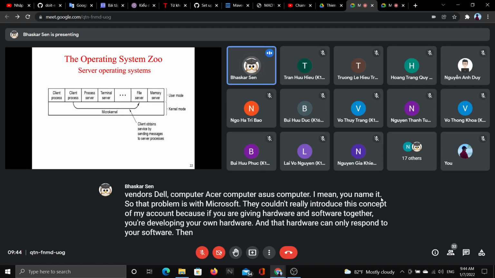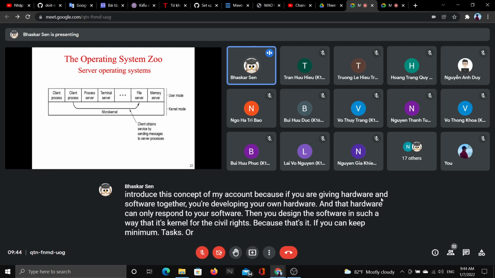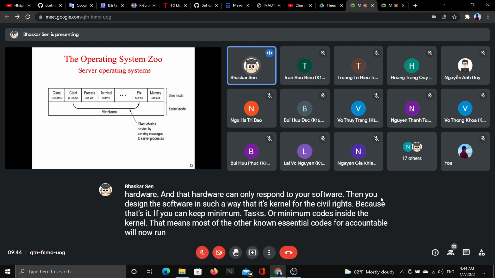Then you design the software in such a way that its kernel will be super light. If you can keep minimum code inside the kernel, most of the other non-essential code will now run in the user mode. And anything that runs in the user mode is super fast.